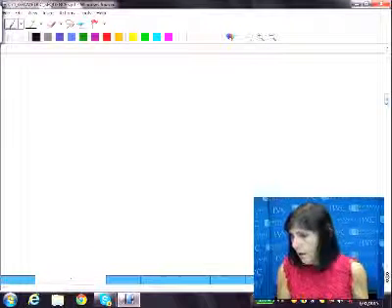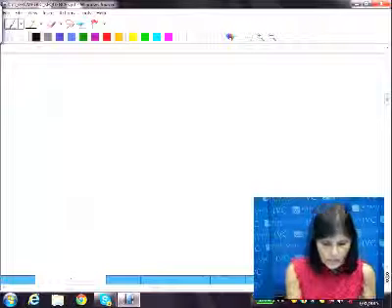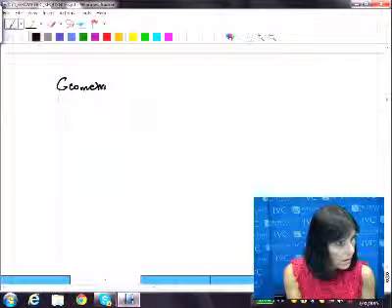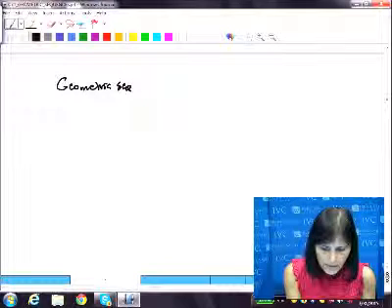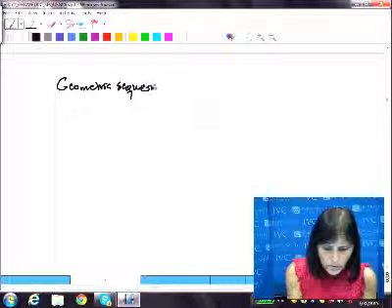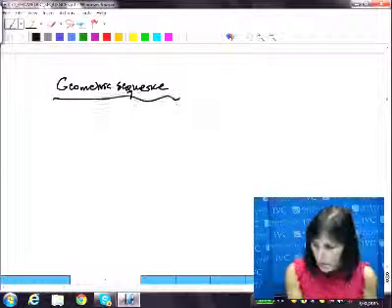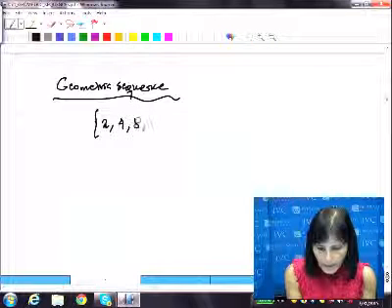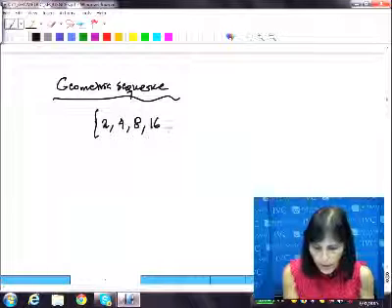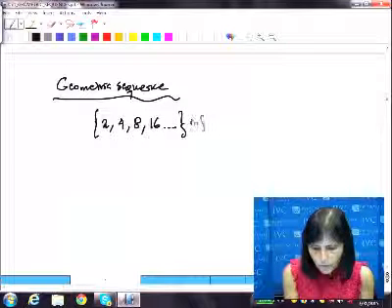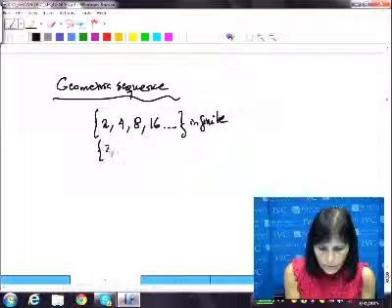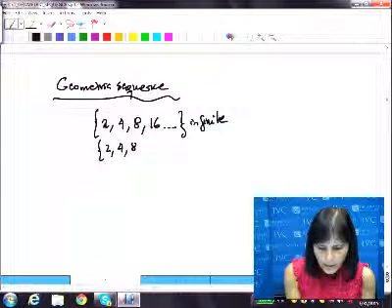What is a geometric sequence? A geometric sequence is a list of numbers such as this: 2, 4, 8, 16. It can go forever, it can be infinite, or it can stop: 2, 4, 8.